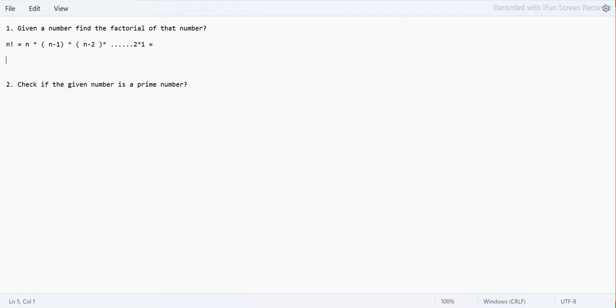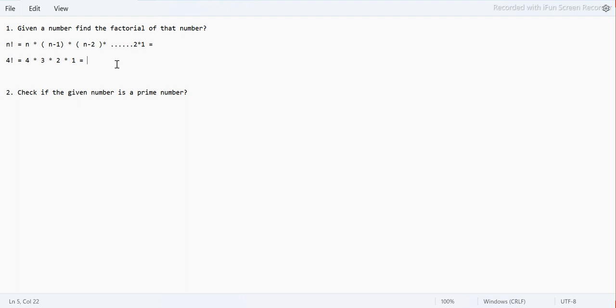So for example, if I say factorial of 4, what should be the factorial of 4, guys? Factorial of 4 should be 4 into 3 into 2 into 1, right? So it should basically start from the number, go backward and multiply all those numbers up to 1, because if we go to 0, then it will be 0, right?